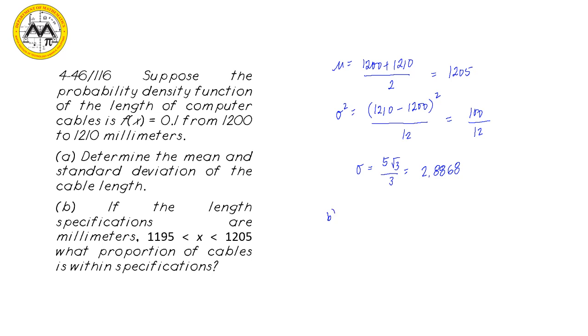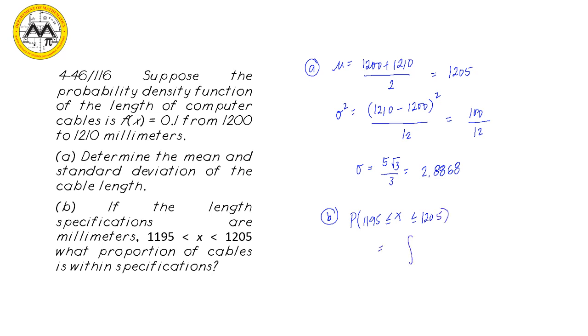For letter B, if the length specifications are 1195 to 1205, what proportion of cables is within specification? So we're looking for the probability that X is in between 1195 up to 1205.